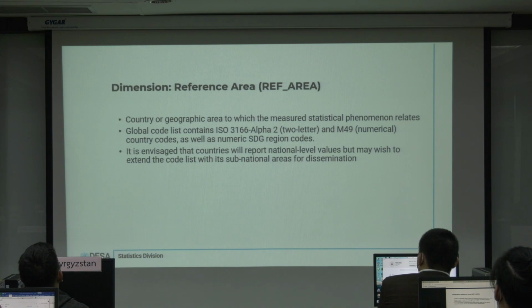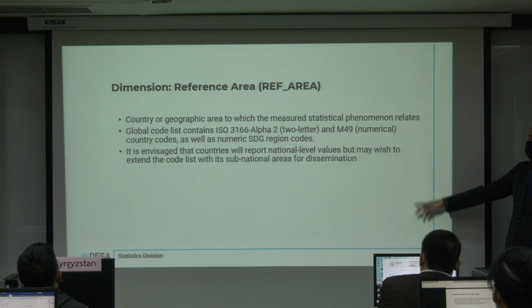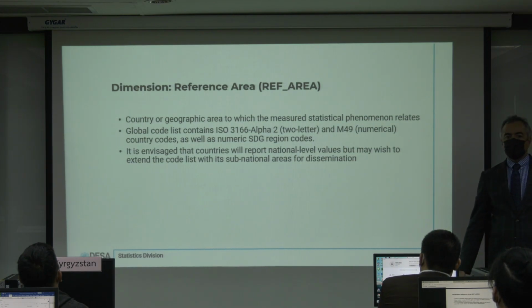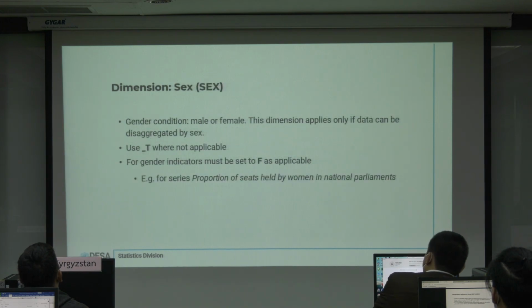It does not include any subnational areas. No provinces, no cities, no nothing. Which is why, if you want to customize the DSD for national use, the first thing you need to do, typically, is take ownership of the reference area code list and add your provinces. Any questions? No questions? Let's go on.